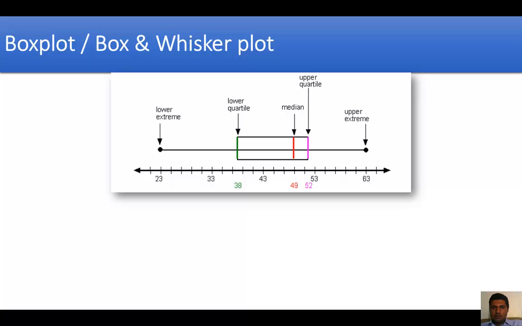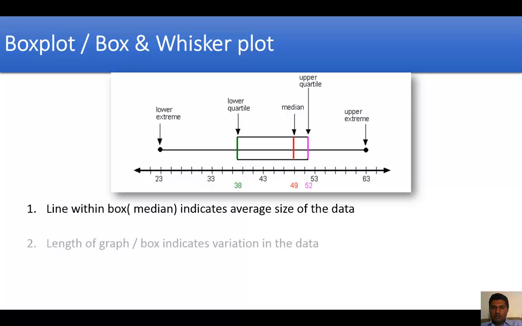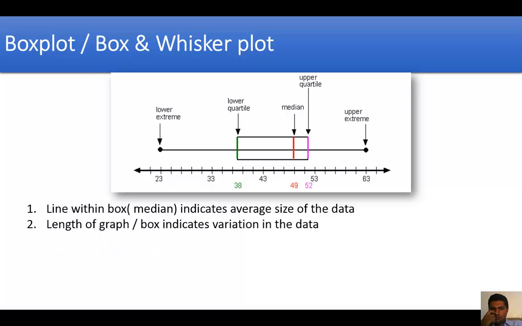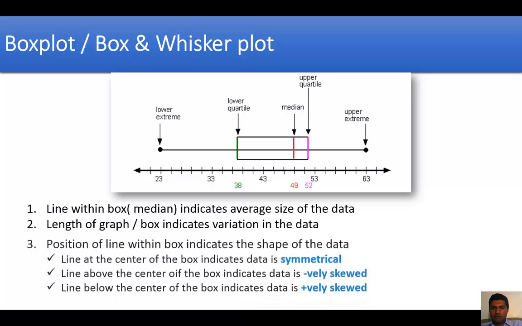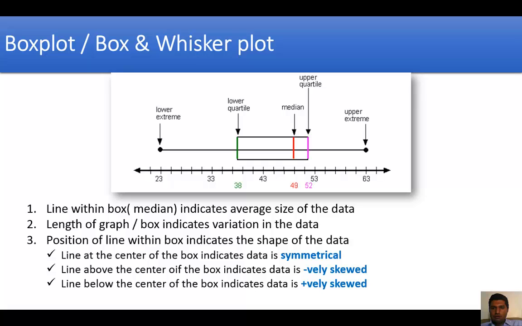The green line shows the first quartile, whereas the red line on your screen shows the median, and the third line, the pink one, shows the upper quartile, that is the third quartile. A line within the box indicates the average size of data. The length of the graph indicates the variation, whereas the center line, that is the red one, the median line, indicates the type of distribution.